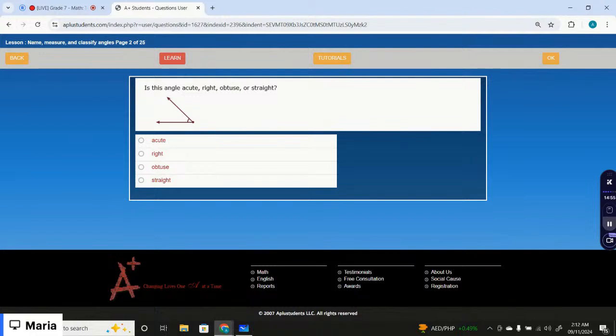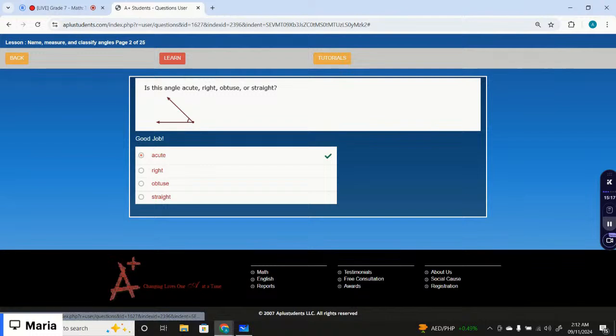Is this angle acute, right, obtuse or straight? So which is the correct option? That is an acute angle, right? That is less than 90 degrees, so that is an acute angle.